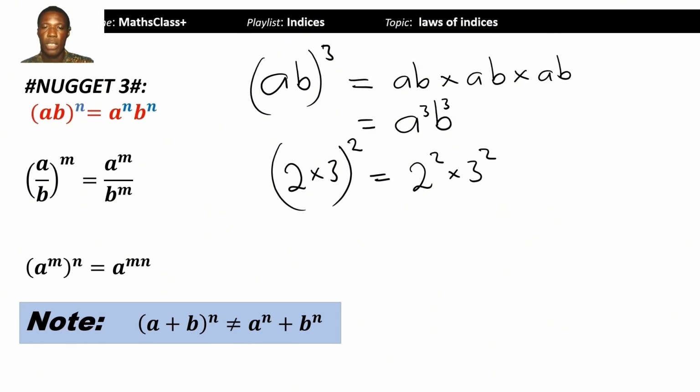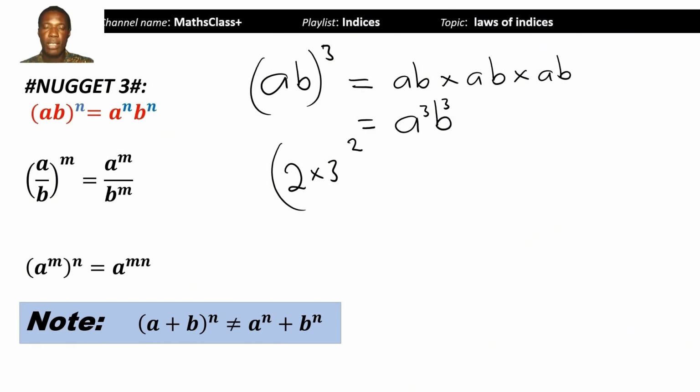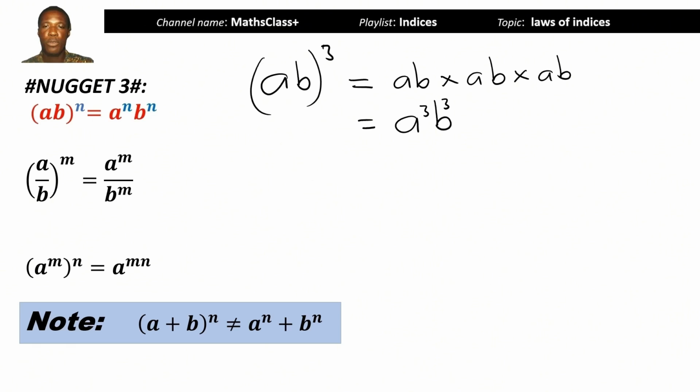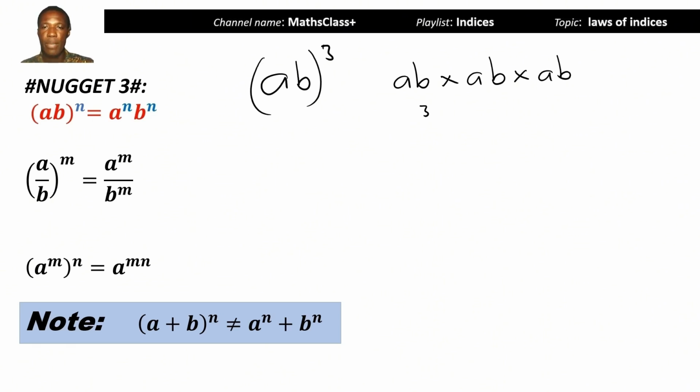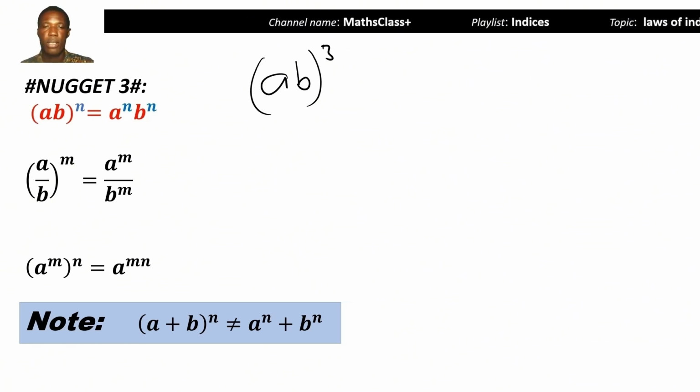So the third law says that if you have two numbers as the base numbers to a power, the exponent affects both of them, both of the multiplying numbers.